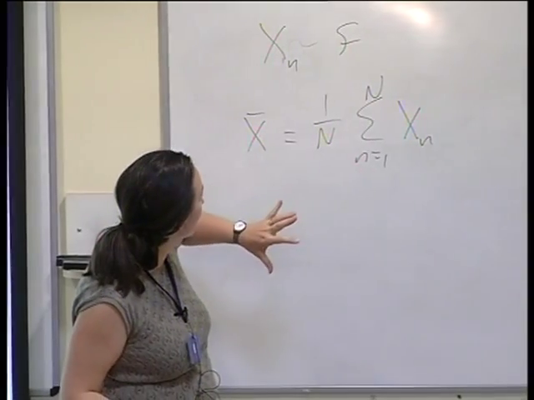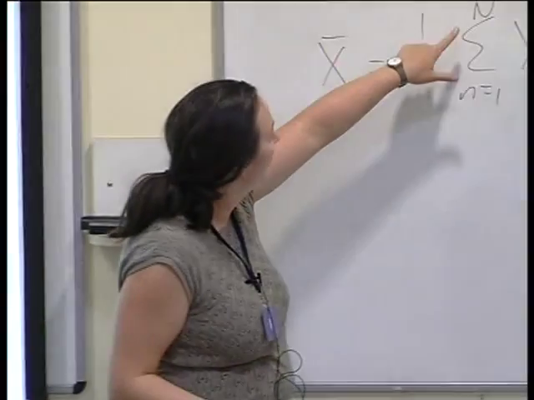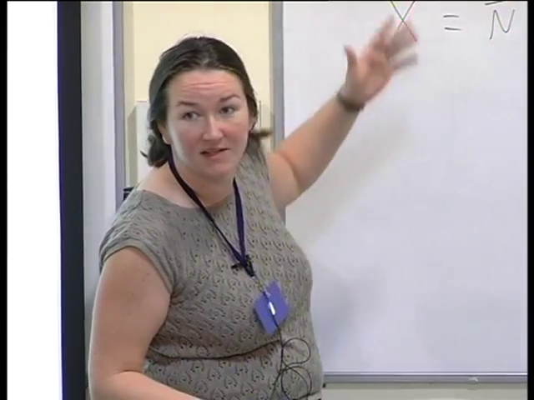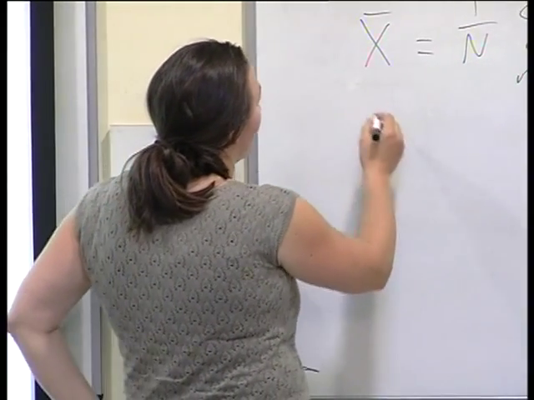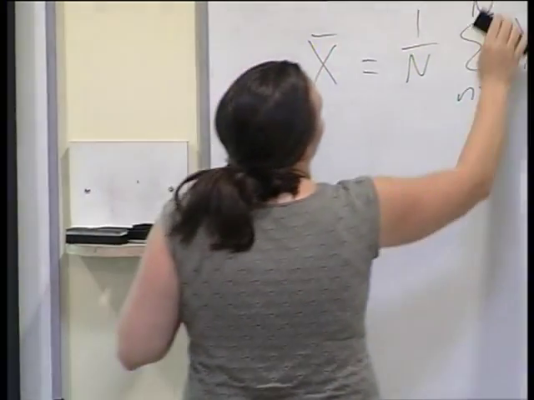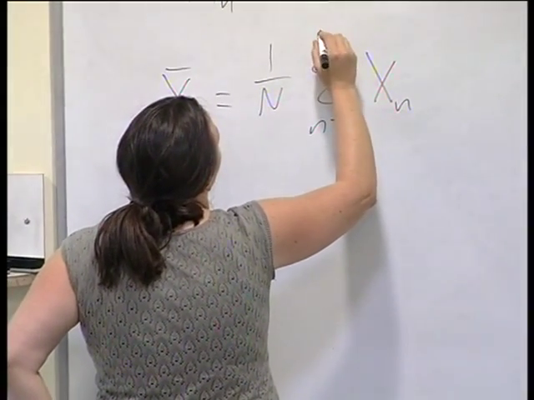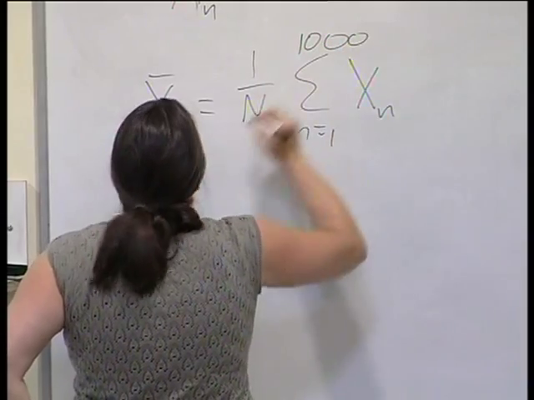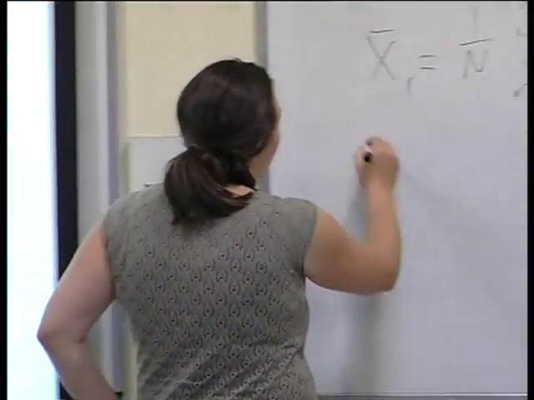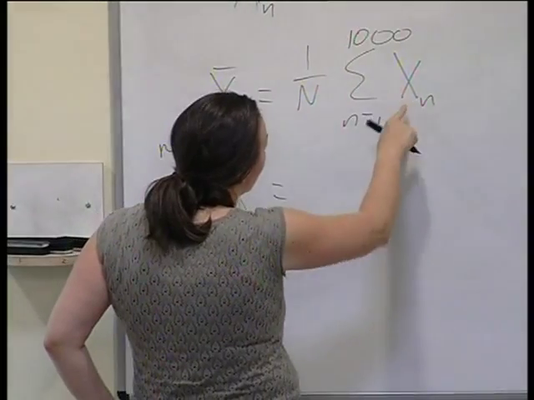So I want you to think about calculating the sample mean with, say, n of 1,000, and then repeat this process 100 times. I'll do this once and get a sample mean. I'll repeat, where these are new random variables.